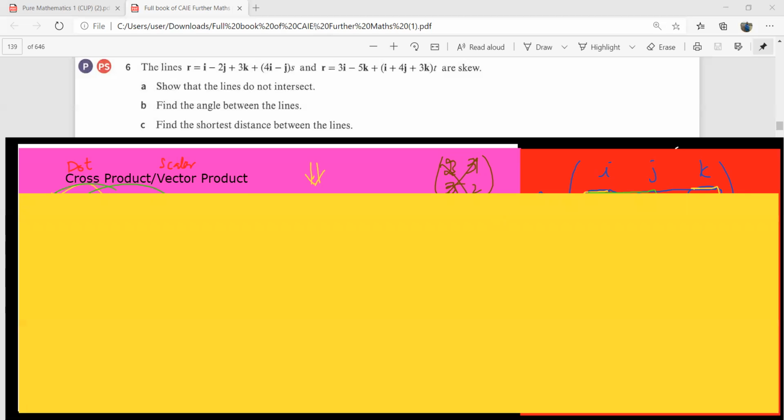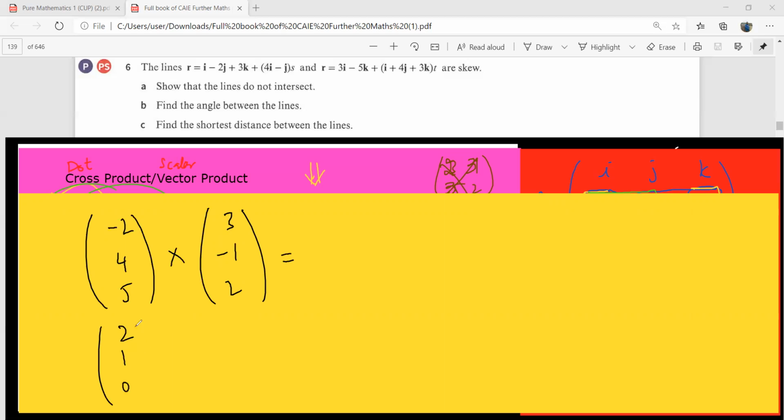Suppose you have to cross multiply a vector which is minus 2, 4, 5 times, let's say, 3, minus 1, 2. You try this. I write one more, 2, 1, 0 times 3, 0, 4.